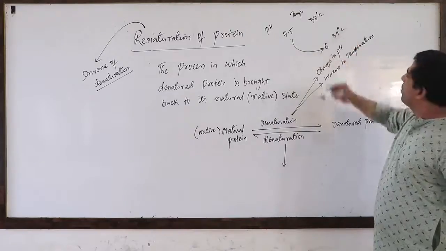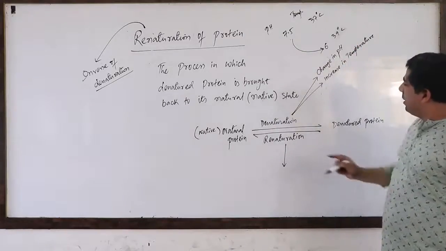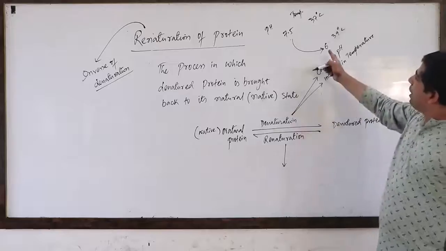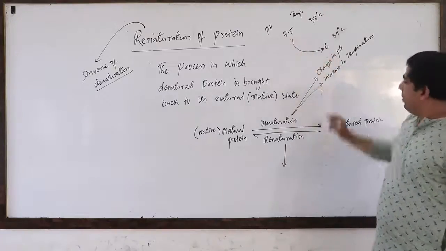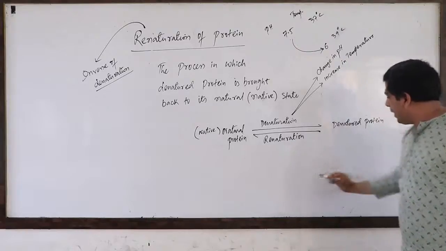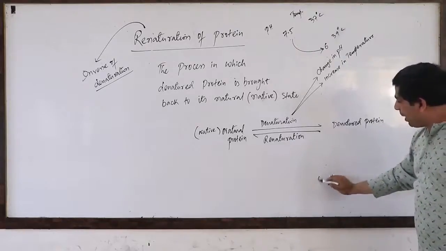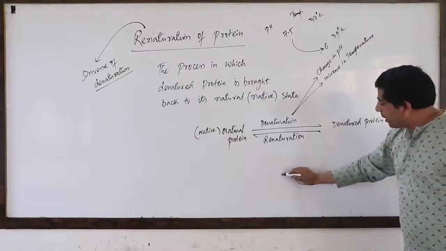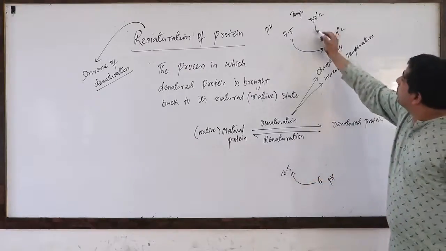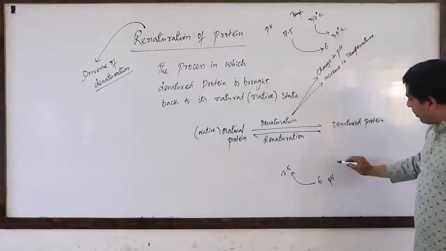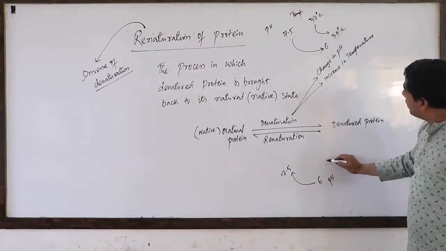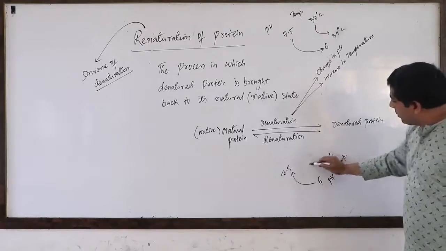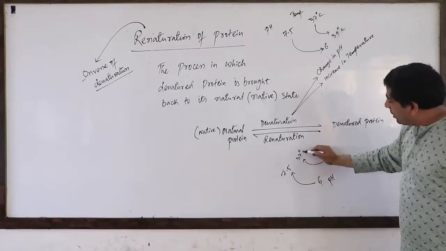So if you reverse the process, reverse process basically means in renaturation the pH should go back from 6 to 7.5. Okay, so reverse should happen here, like your pH should go back from 6 to 7.5. And the temperature should come down from 39 degrees Celsius to 37 degrees Celsius.